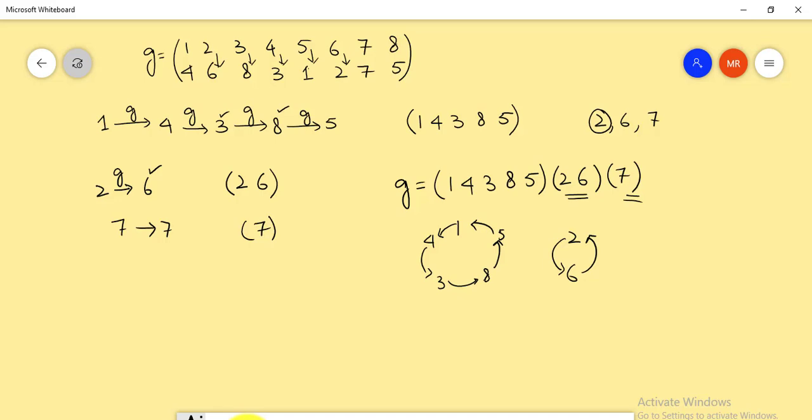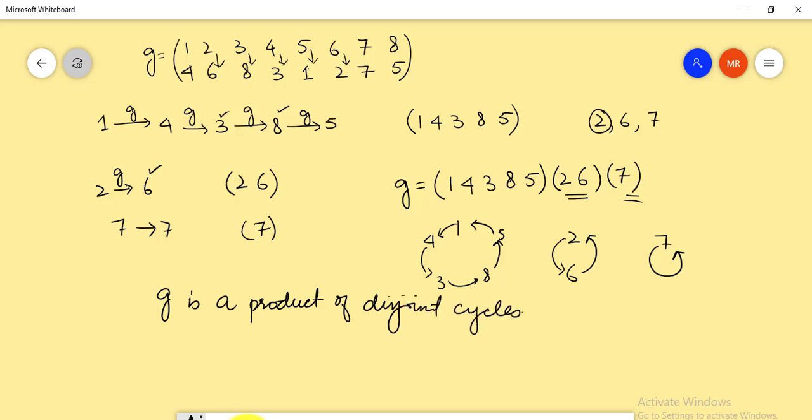And this one can be represented as 7 mapped onto itself. In this case, we say that G is a product of disjoint cycles. The disjoint cycles in the representation of G are: 1, 4, 3, 8, 5 is one cycle, another cycle is 2, 6, and another cycle is 7.